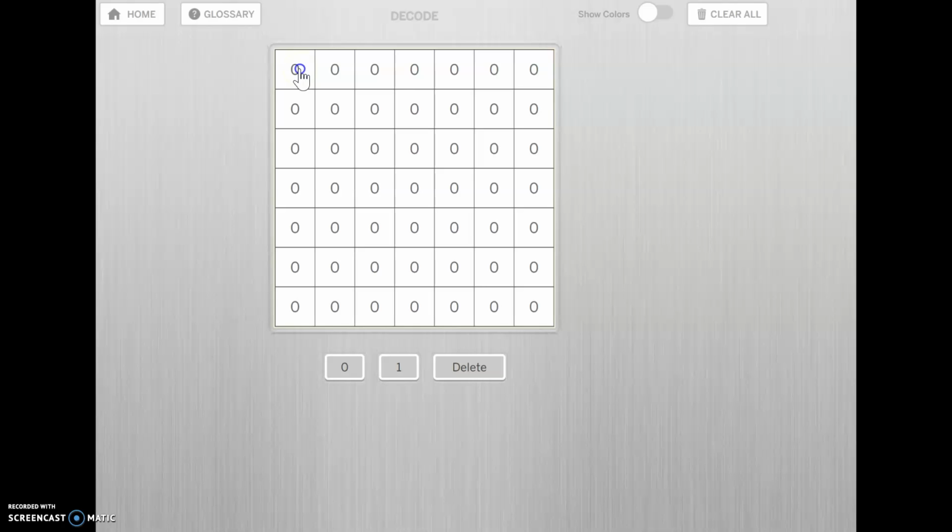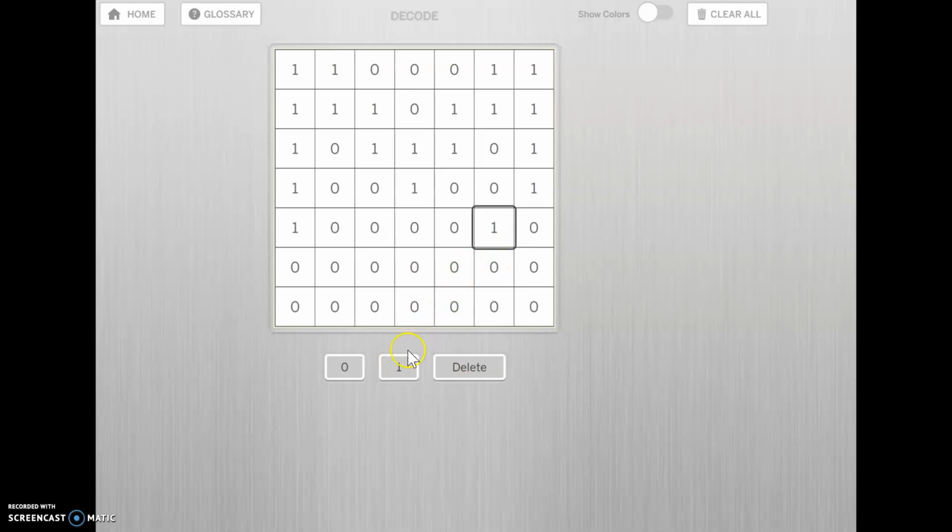So I'm going to start with the top left. So it says 1, 1, 0, 0, 0, 1, 1, 1, 1, 1, 0, 1, 1, 1, 1, 0, 1, 1, 1, 0, 1, 1, 0, 0, 1, 0, 0, 1, 1, 0, 0, 0, 0, 1.